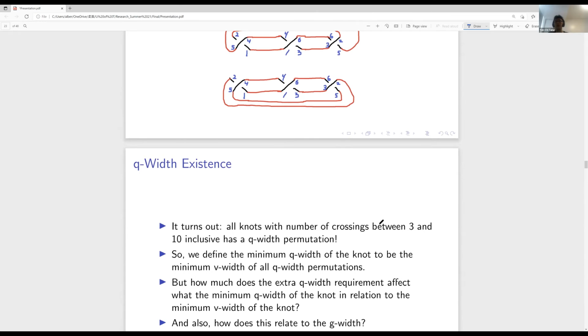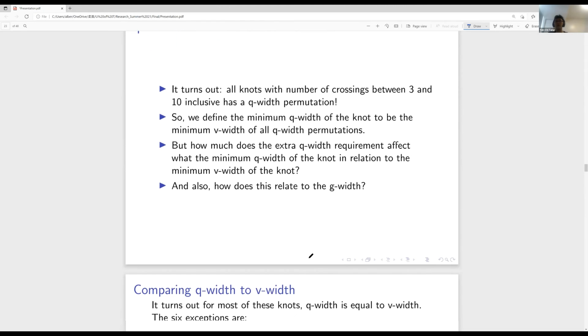And now it will be useful for us to compare what the minimum quick width and the minimum virtual width of the knots are, because we did impose some decently strict restrictions on what a quick width permutation is. So we want to figure that out.